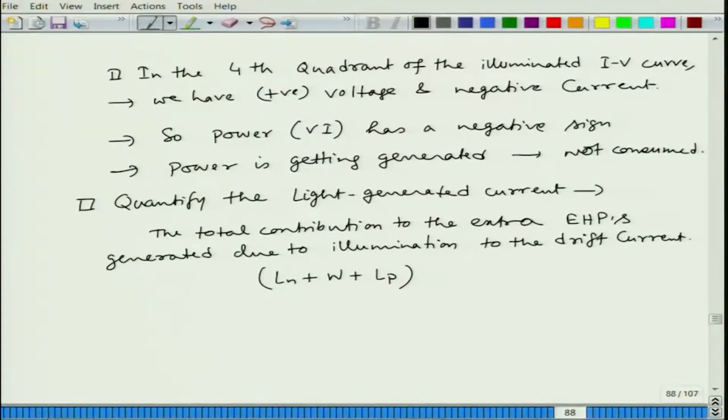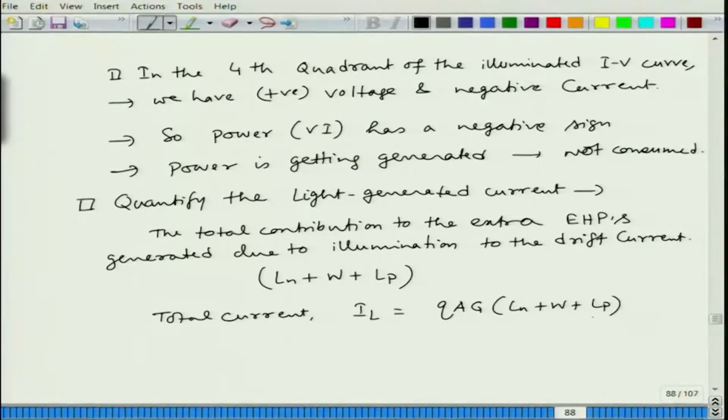Okay. And so this is the area, so the total current IL would be Q into A, where A is the area of cross section, and then the rate of generation multiplied by this effective length for which the p-n junction diode is contributing to the drift current.